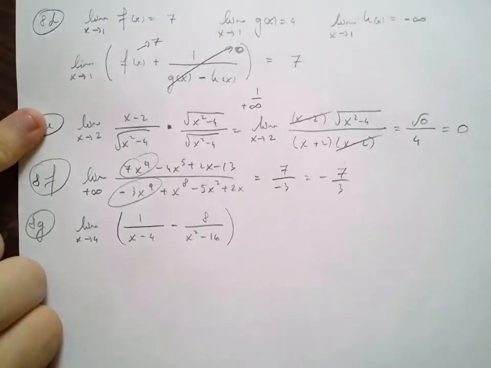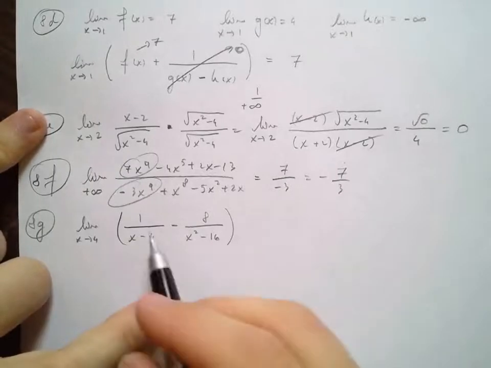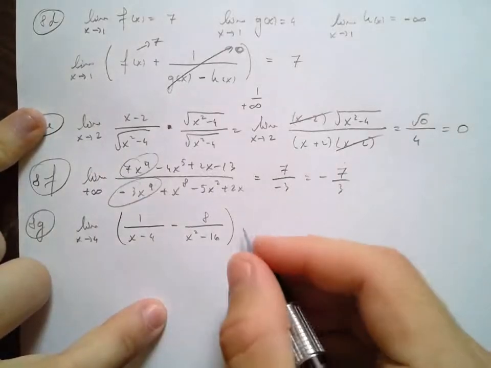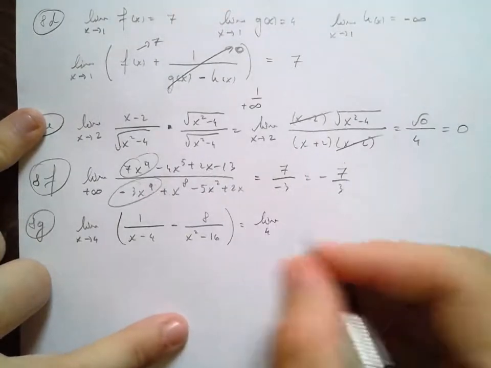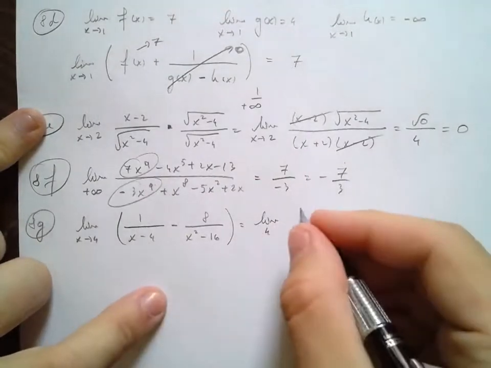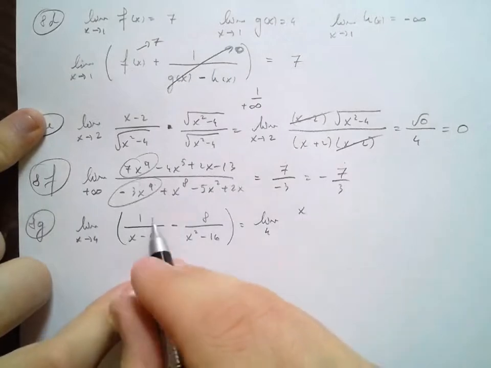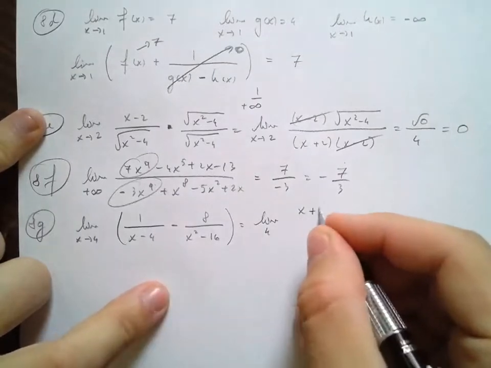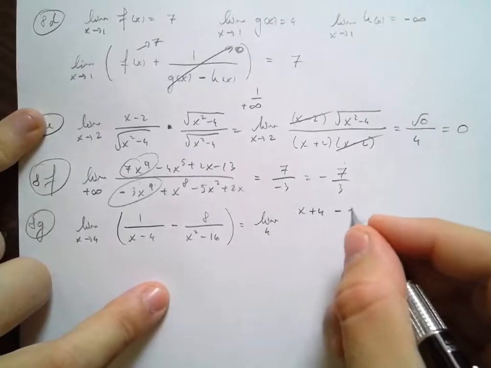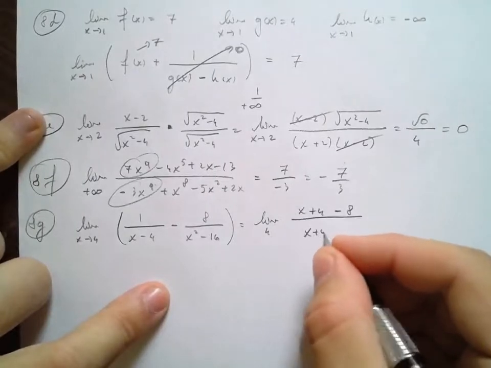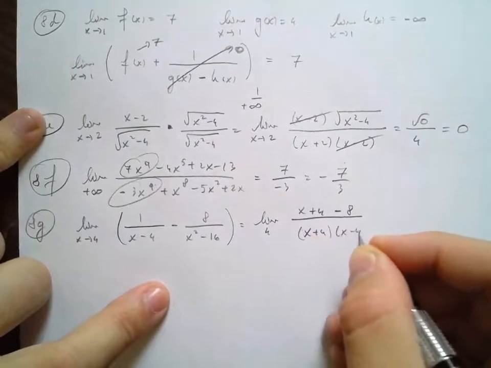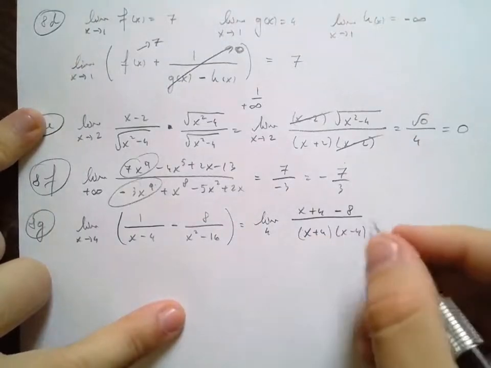What I'm going to try to do is give a common denominator. So this is the same as the limit at 4 of the first fraction needs an x plus 4 factor, and then I subtract 8 all over x plus 4 times x minus 4, which is the common denominator.